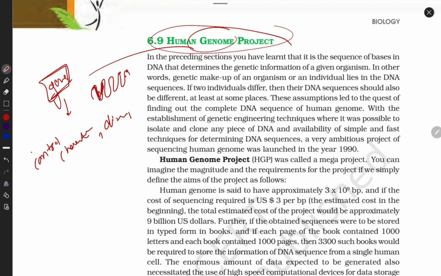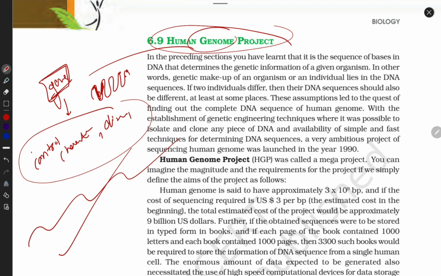If humans analyze the complete genome and sequence all the DNA, then we can know which fragment of DNA is responsible for eye color, which region controls the height of the body, which controls the nose structure of a particular human, and which DNA fragment controls the sickle cell anemia gene.